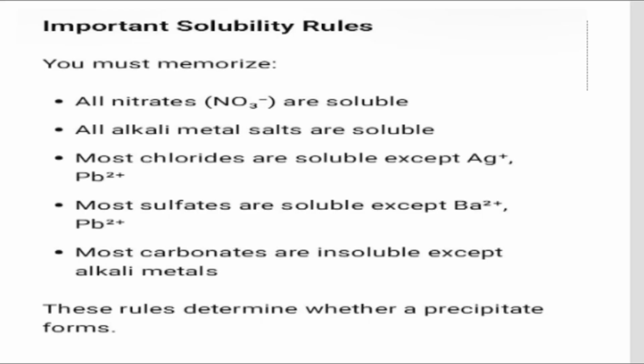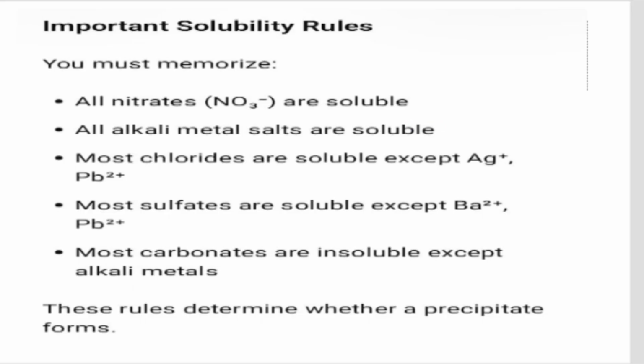You must memorize them. The first one is all nitrates are soluble. That's why I said earlier that potassium nitrate is soluble. Whenever you see a nitrate, just know it is soluble. It is not an insoluble solid. The second one is all alkali metal salts are soluble, for example potassium and sodium.